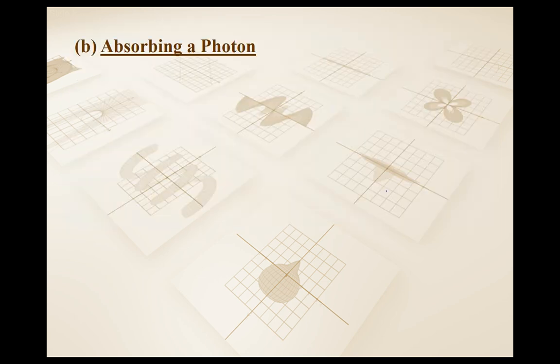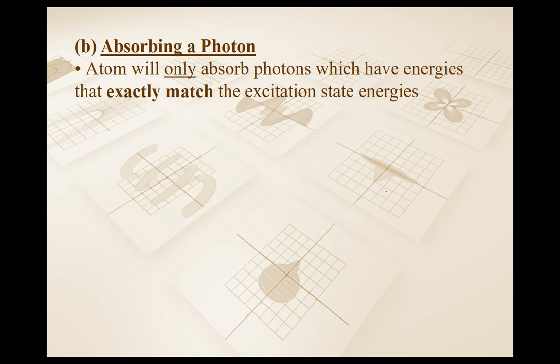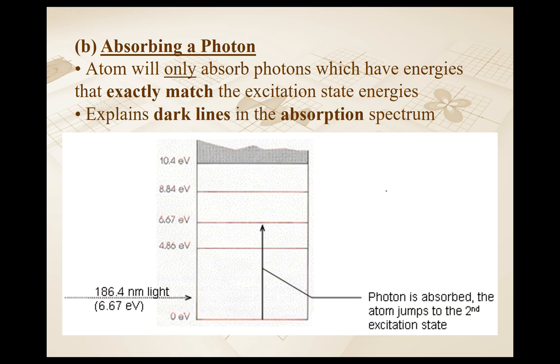We can also cause this to happen by firing photons at our mercury vapor. Now it's going to be a little bit different here. It turns out the atom will only absorb photons which have a perfect match for the energy required to get to an excitation state. Okay, so let me explain this one here.